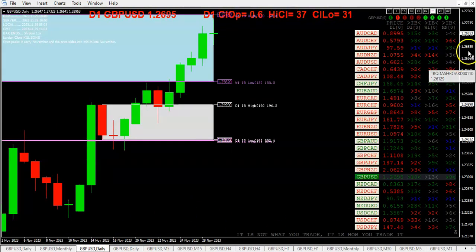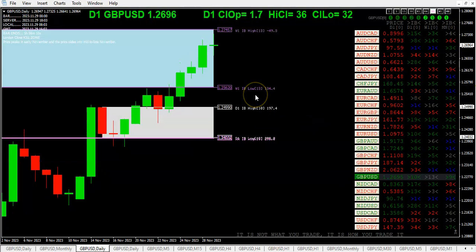And inside bar traders, we had a weekly inside bar 13 weeks ago. We're back into that area. We had a daily inside bar 10 days ago, and we broke out of that range.